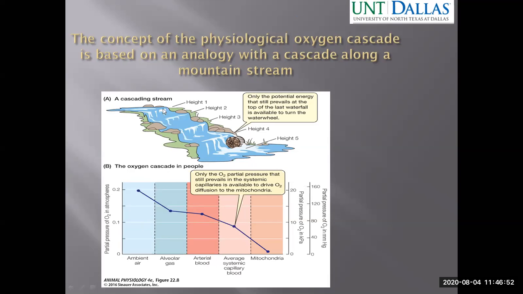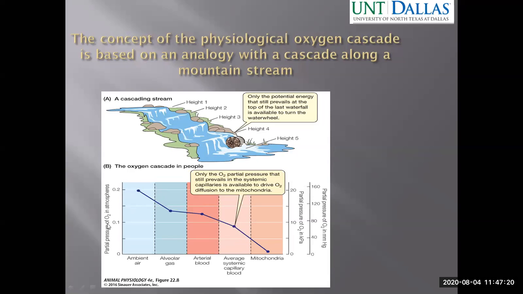So that was a cascading stream that I was giving you as an example, of how, when the water flows, at the final step it moves this turbine that turns the water wheel. So this is the similar case with the oxygen cascade in people. Because oxygen is not subjected to active transport, the partial pressure always drops.